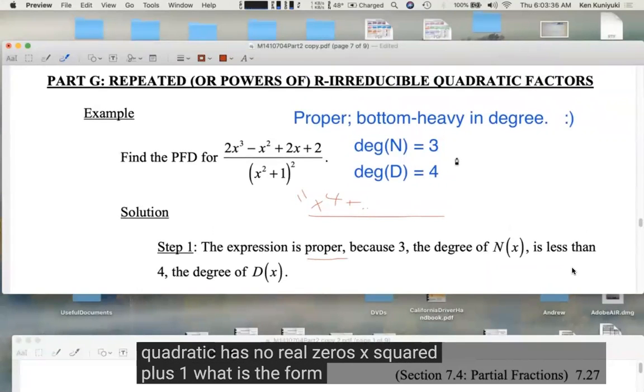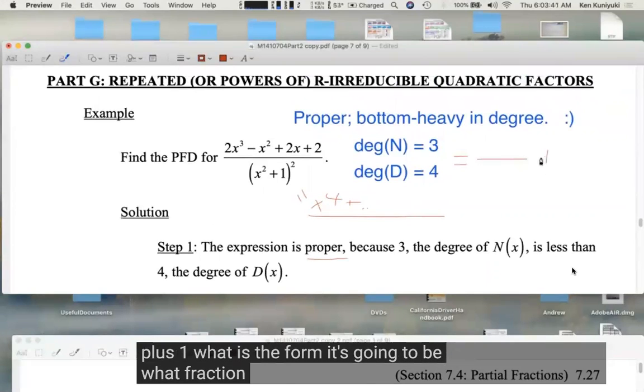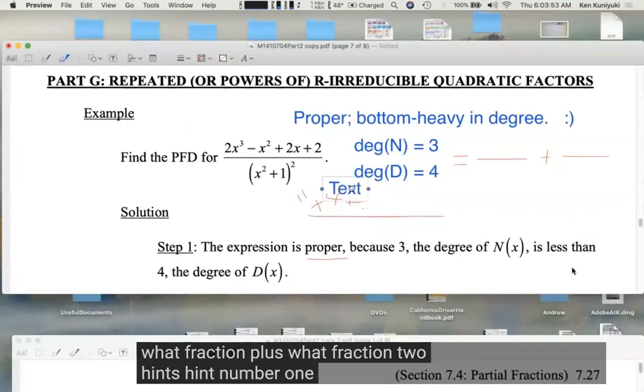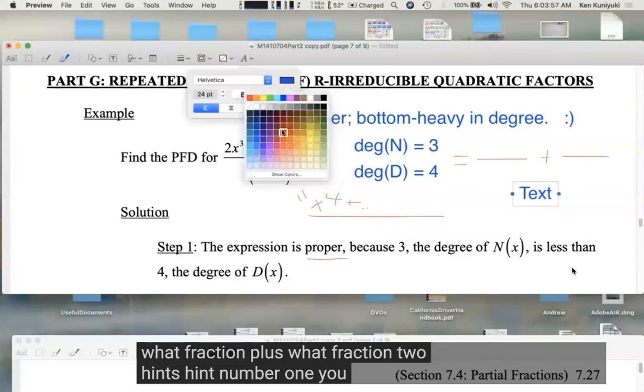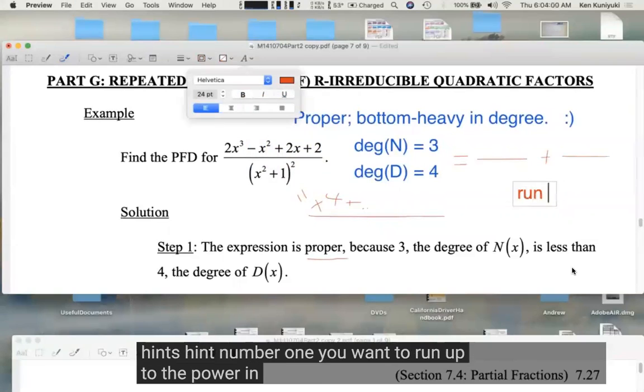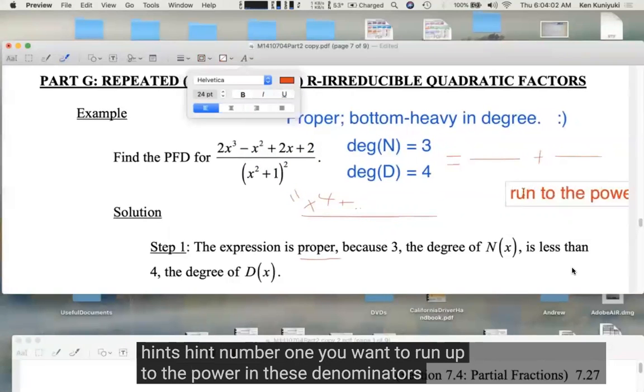What is the form? It's going to be what fraction plus what fraction? Two hints. Hint number 1. You want to run up to the power in these denominators.